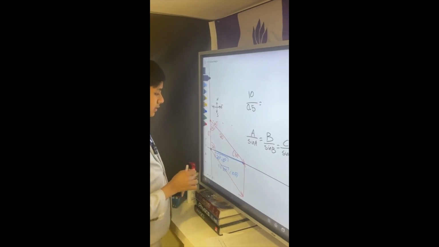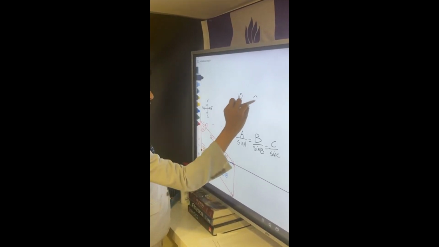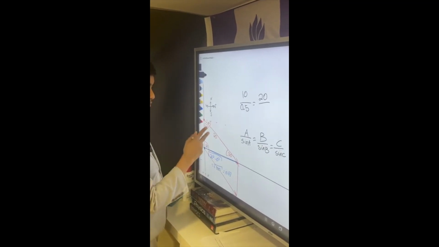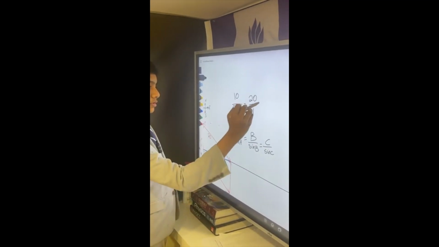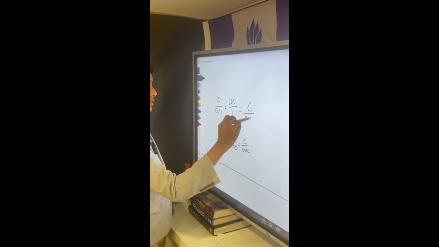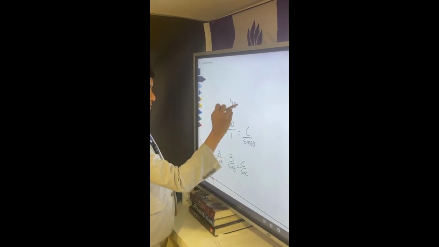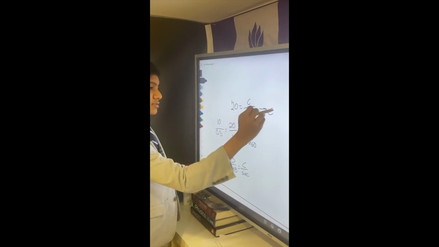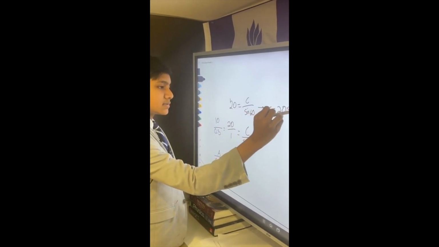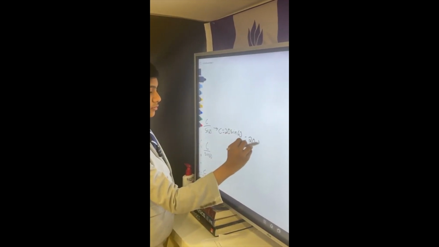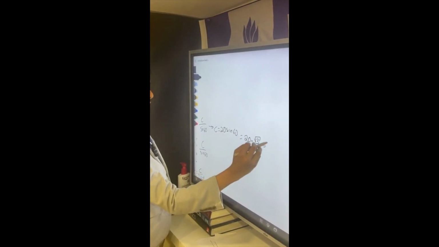That's equal to B over sine B. B is 20, sine of 90 is equal to 1. So C over sine C. So that's sine 60. So 20 has to be equal to C over sine 60, which means C is equal to 20 sine 60, which is equal to 20 times the square root of 3 over 2, which is 10 root 3.